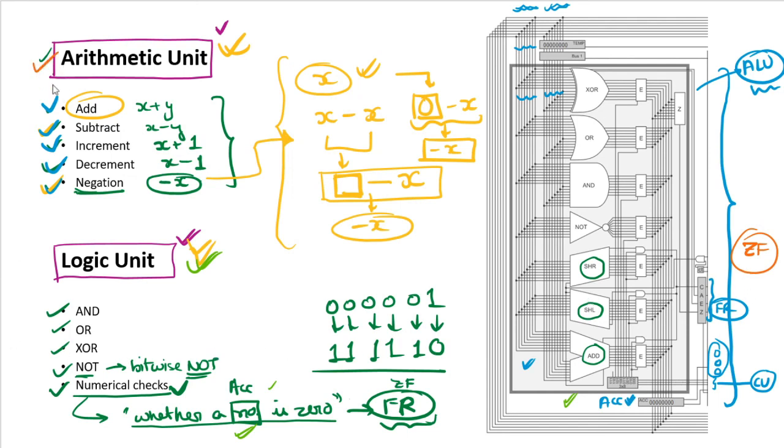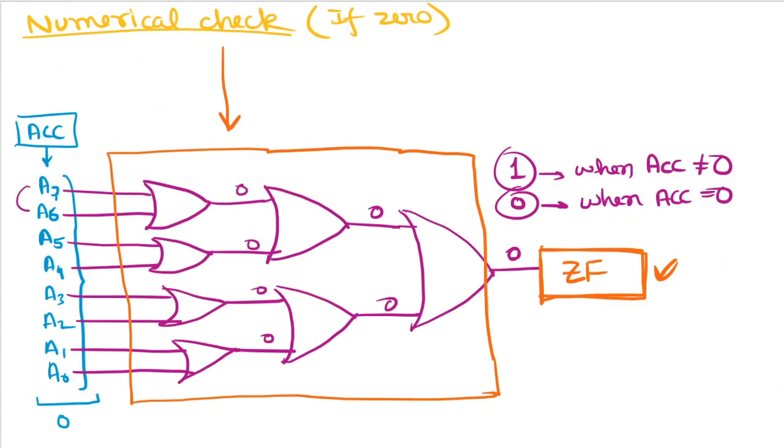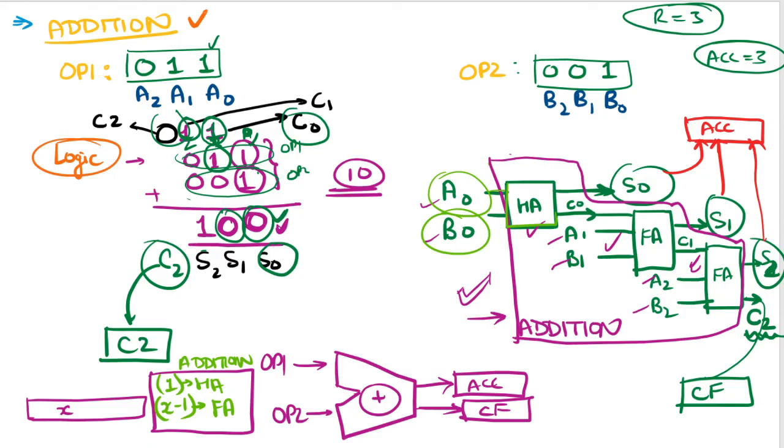So we have taken one example from the arithmetic unit and one from the logic unit, and we have a rough idea of how our arithmetic and logic unit, or ALU, looks. It will be a combination of the arithmetic unit and logic unit, and all the operations will be implemented here. Any one of these operations will be selected by the control unit, it will perform the operation, and the result will be saved in the accumulator.